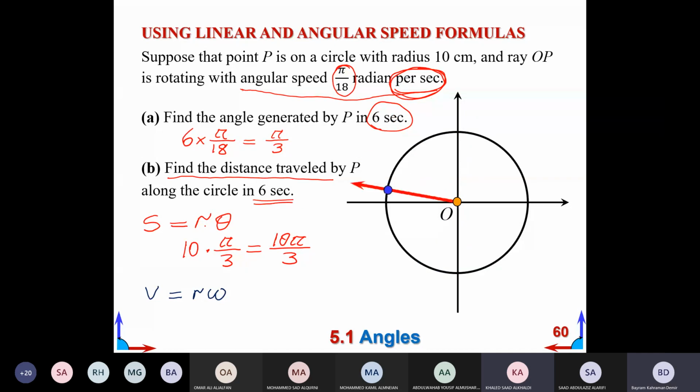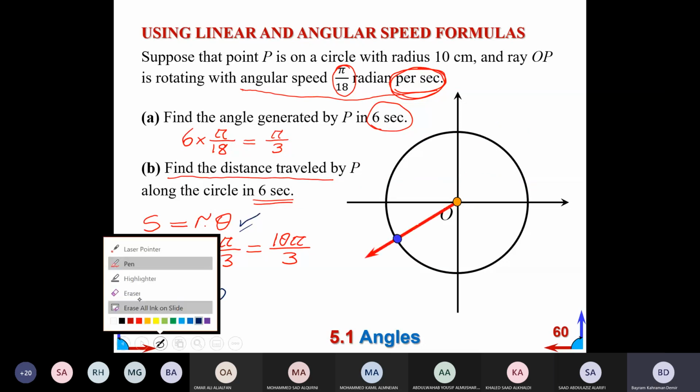So you just need to find the linear speed. After you find the linear speed, you use it to find the distance, and it's going to be a little bit more complicated than the basic way. Of course, we can go that way.